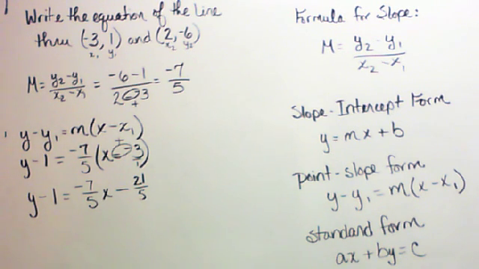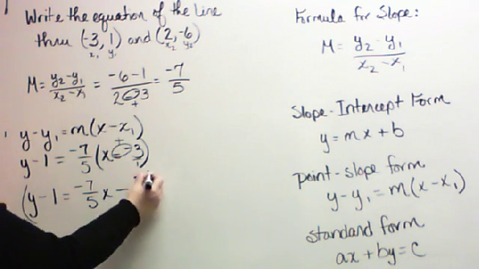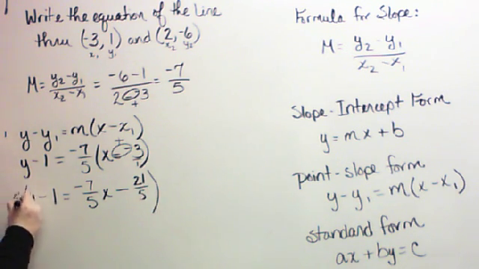We don't like fractions, so I'm going to get rid of my fractions by multiplying by the common denominator, which in this case is 5.